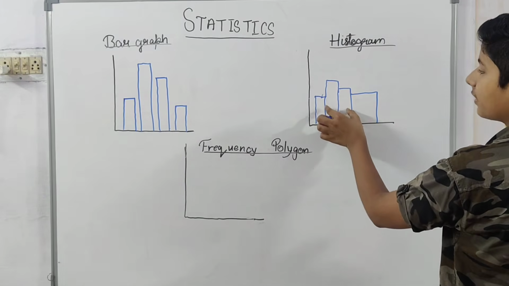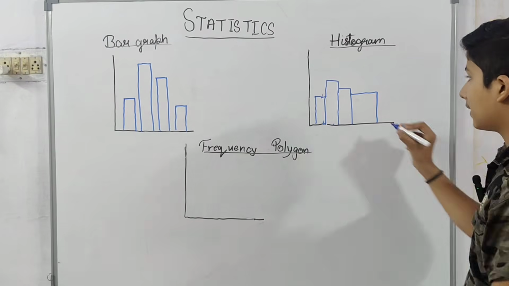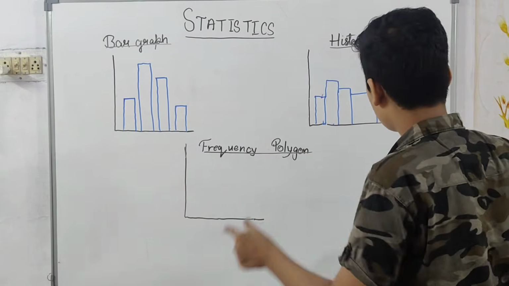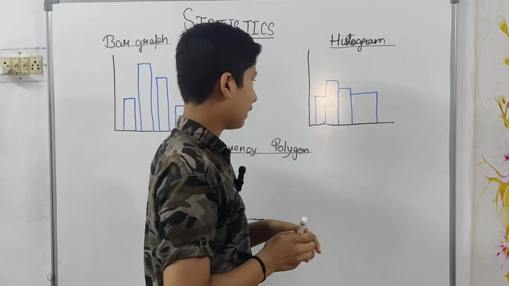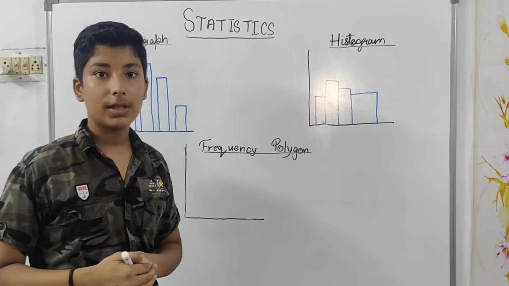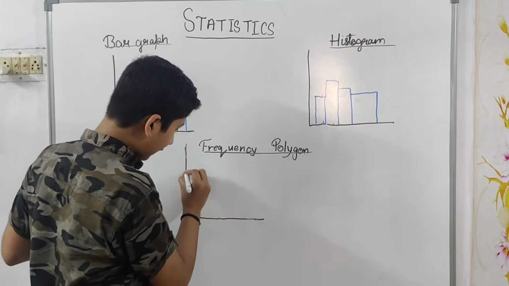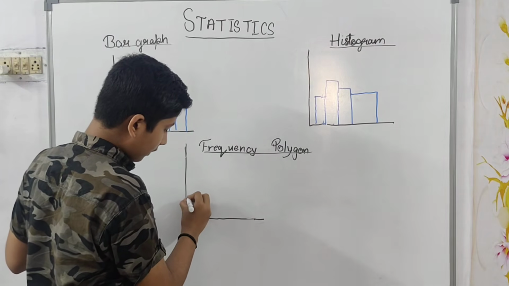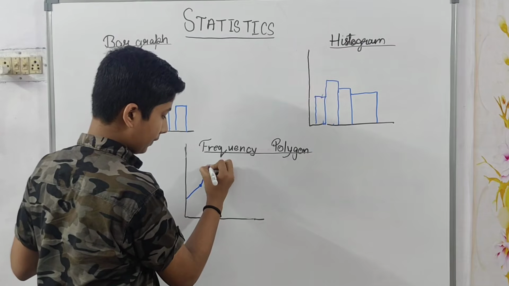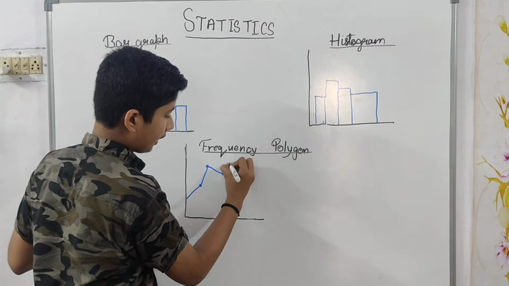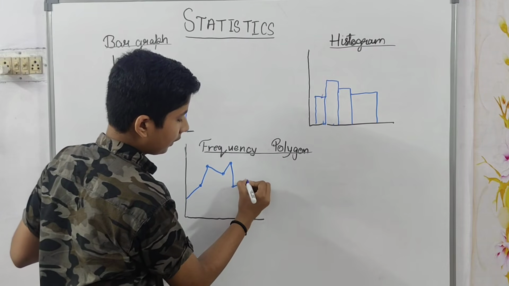See, these 3 have the same width, but this is approximately double all of these. Why? Because there are 2 values which have the same amount in them. Now at last is the frequency polygon. Frequency polygon is like this. It can start from anywhere, and here it is rising, here a downfall, again rising, here a downfall, then rising.